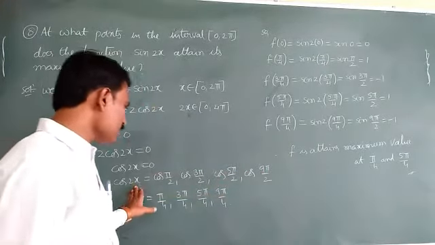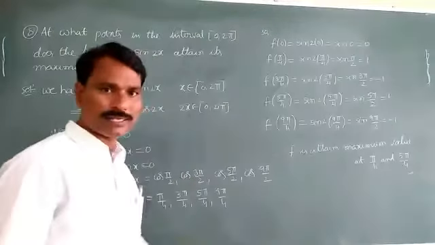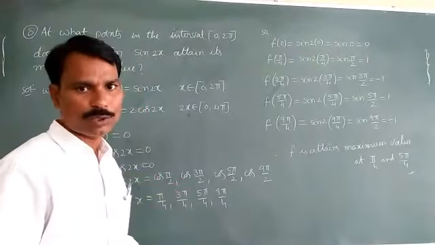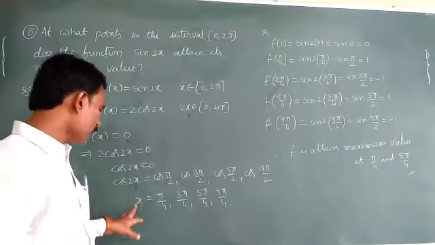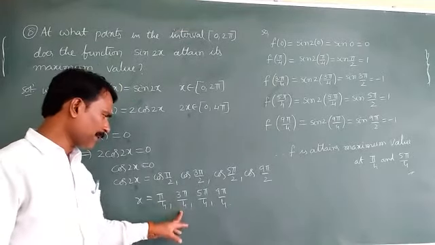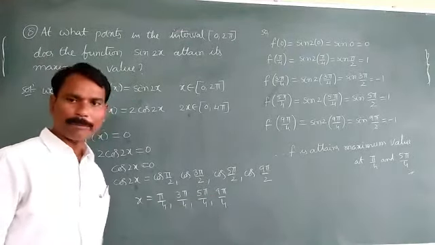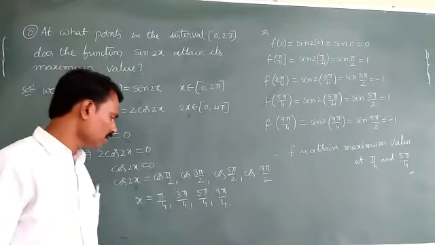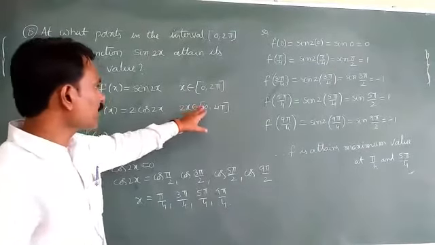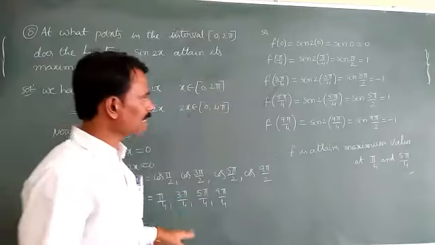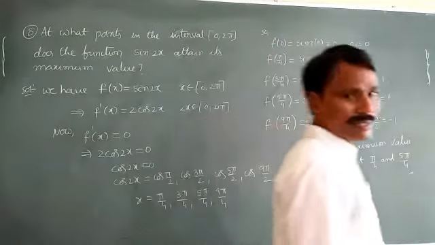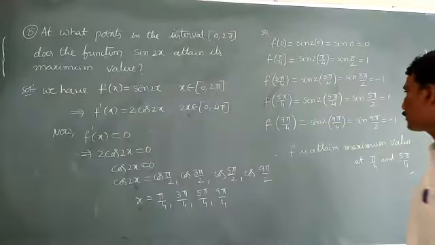So cos 2x will be 0 at these places in 0 to 4 pi. So x is pi by 4, 3 pi by 4, 5 pi by 4, 7 pi by 4, 9 pi by 4. Take these values along with 0 and 2 pi, and you will get the answers.